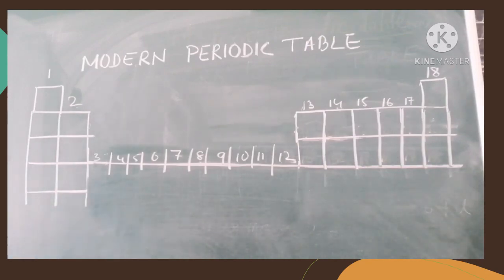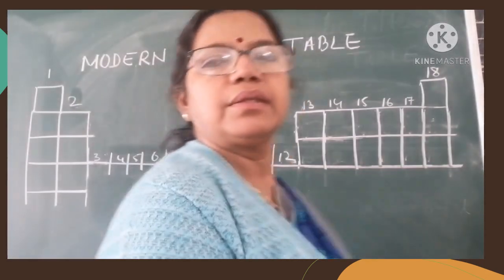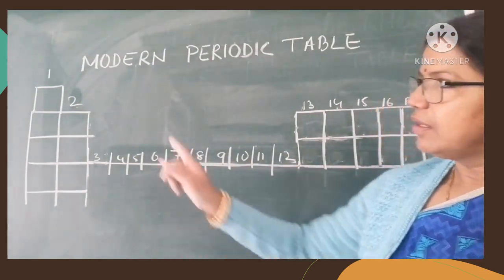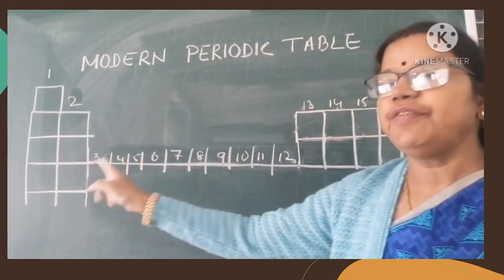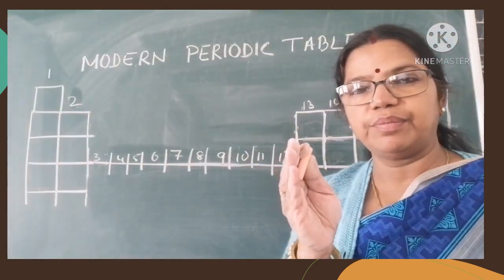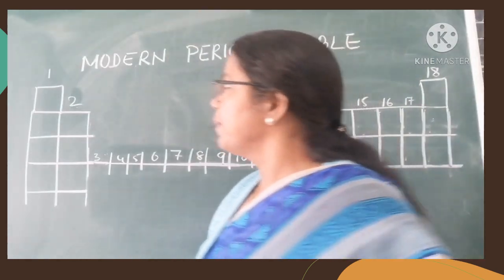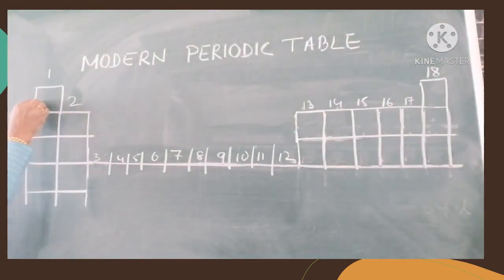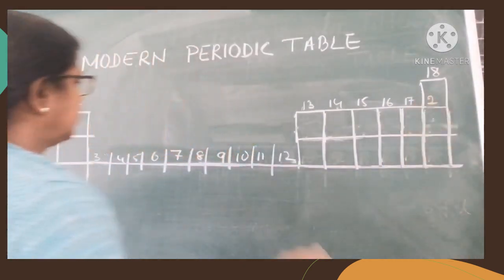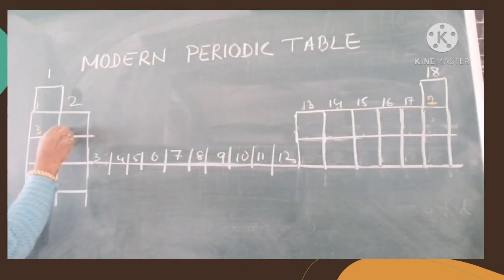Now how can you place the elements in this periodic table? The first 20 elements in this periodic table. First of all, we will fill these boxes in increasing order of their atomic numbers. Atomic number 1, then atomic number 2, 3, 4.